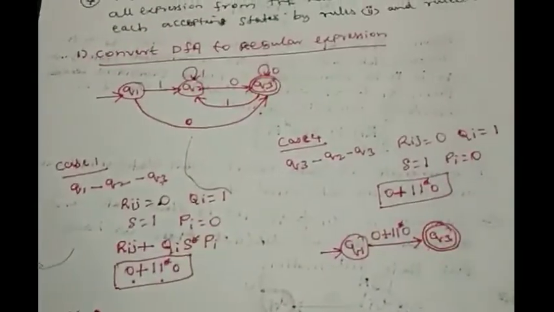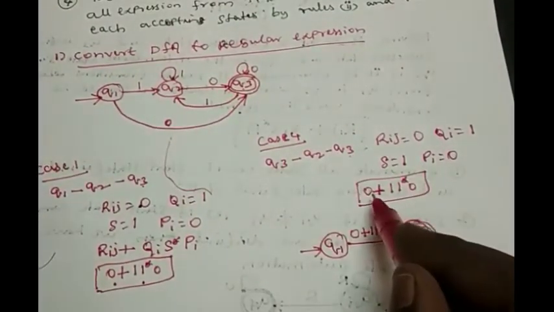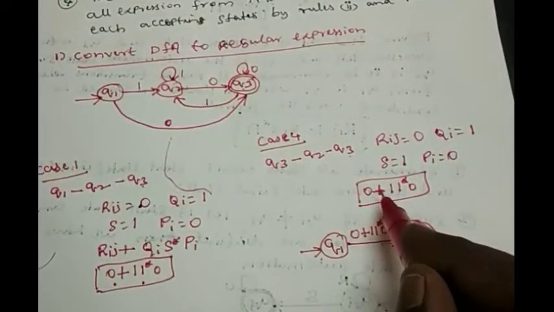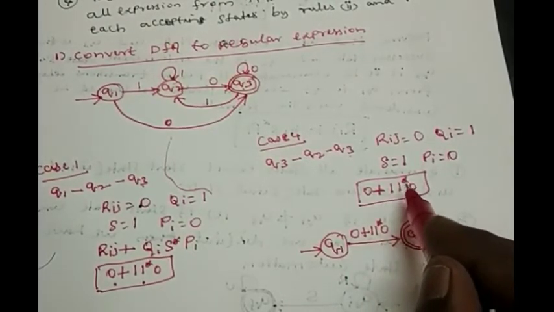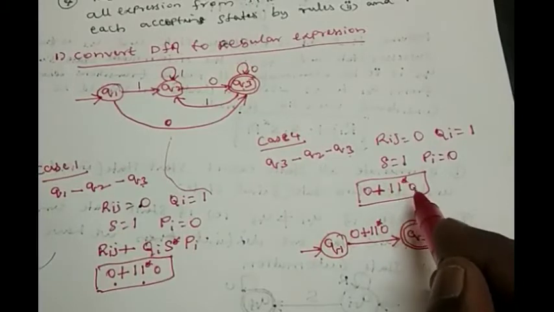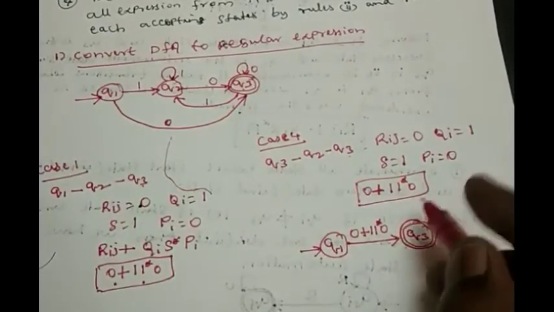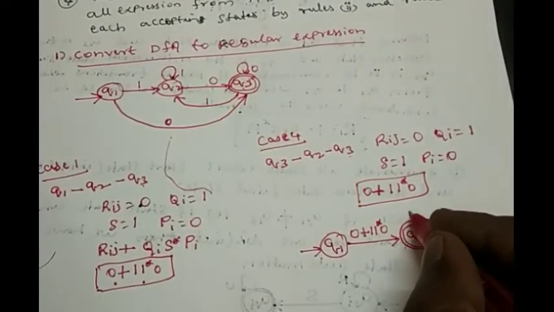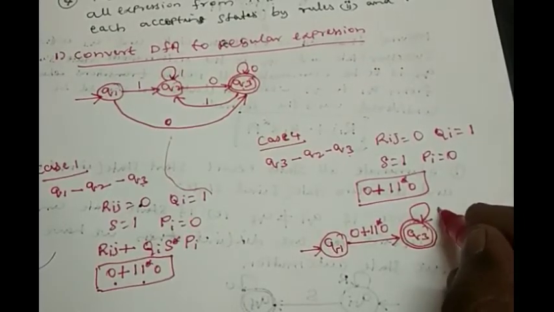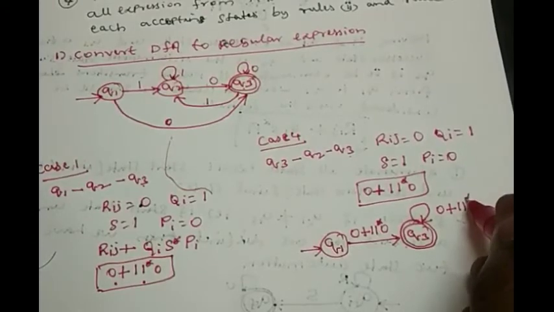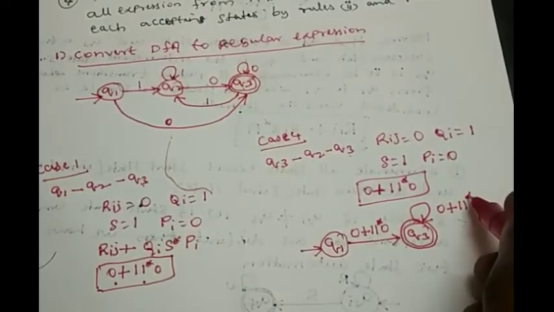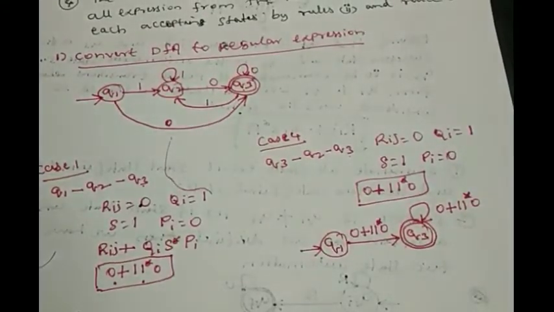Now coming to case 4, Q3 to Q3, you have an expression 0 plus 1 star 0. So this is the concept here. Q3 to Q3 I should write 0 plus 1 star 0. So this is the regular expression.